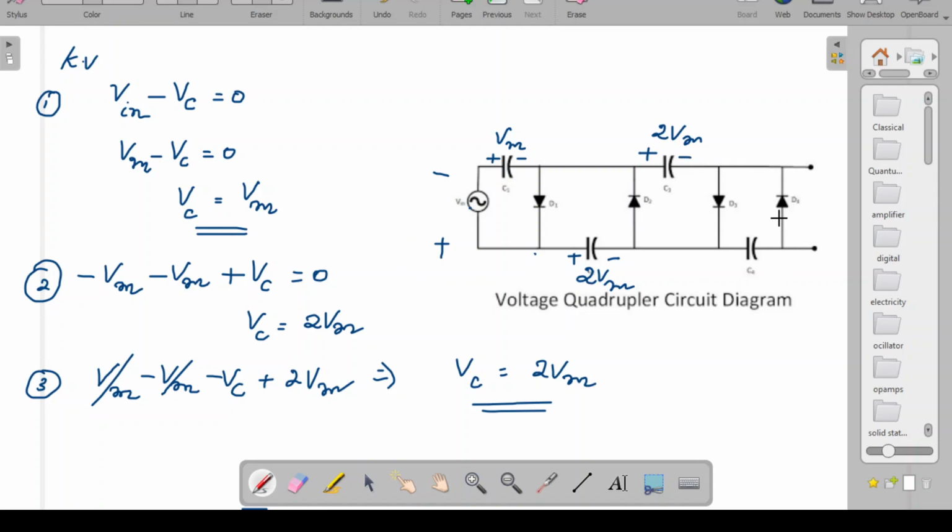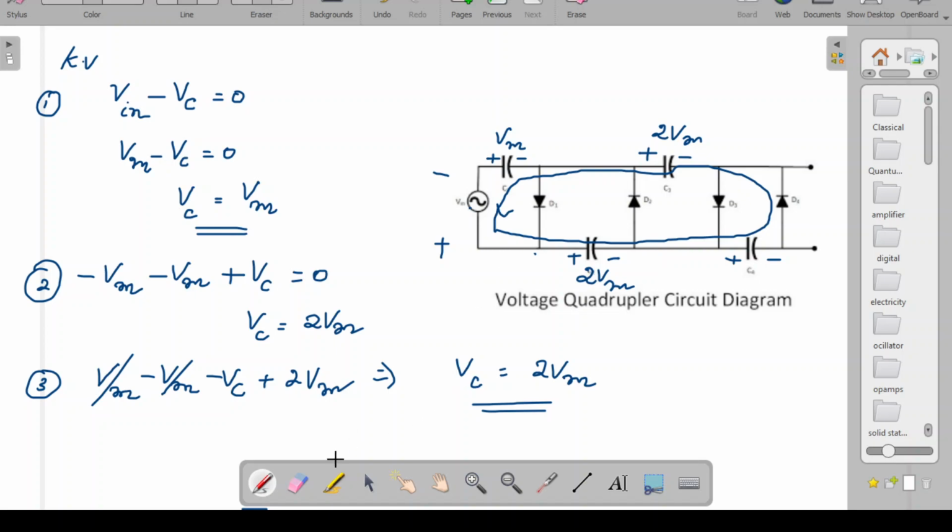So it is obvious that this diode D4 will get forward biased. Now think about the polarity of this capacitor. The capacitor will get charged like this: this is positive and this is negative. Now again writing the Kirchhoff's voltage equation in order to find the voltage across this capacitor. Which loop do you have to consider? This bigger loop.